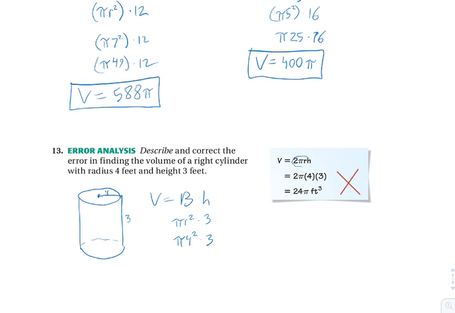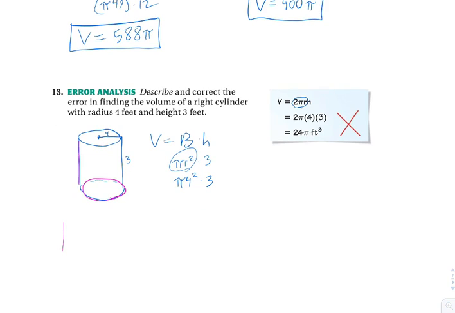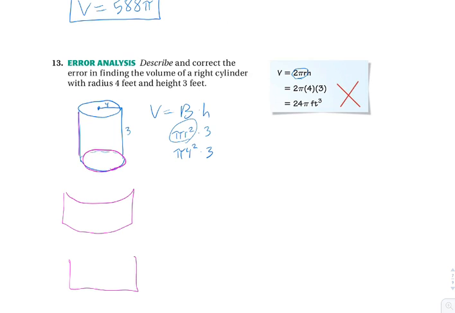Oh yeah, they used 2 pi r instead of pi r squared. So they were finding the circumference times the height. And if you remember from our work before, if they find the circumference, which is a length, and multiply it by height, what they essentially did is unwrap this shape into a rectangle, where this is 2 pi r, or the circumference, and this is the height.